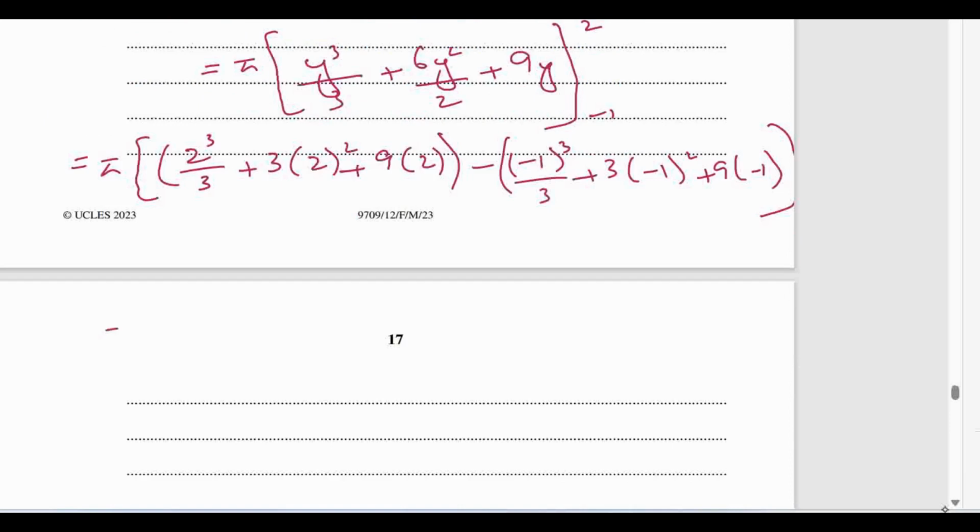So this will be pi into 8 by 3 plus 12 plus 18, and I should not use this bracket, I should use these two brackets. Minus, now here this will be -1 by 3 plus 3 minus 9.